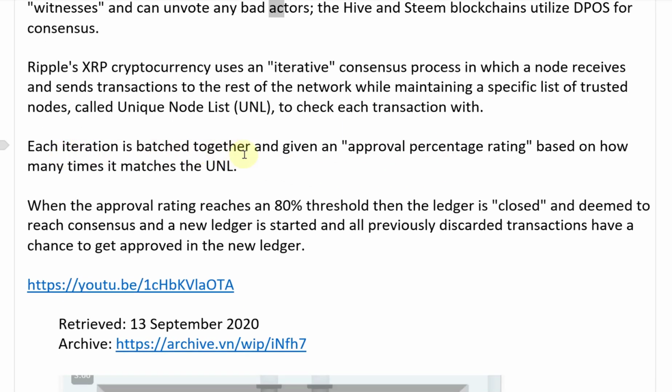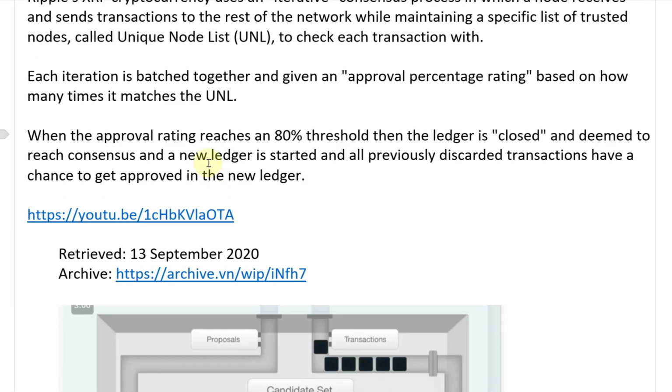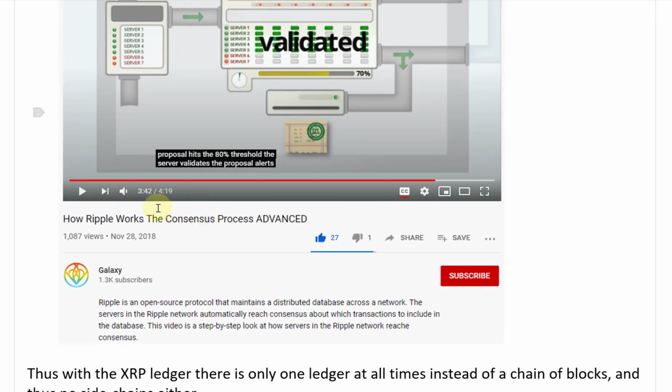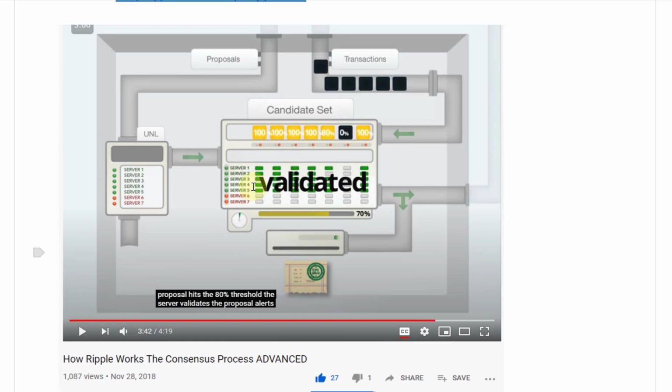Each iteration is batched together and given an, quote, approval percentage rating based on how many times it matches the UNL. When the approval rating reaches an 80% threshold, then the ledger is, quote, closed and deemed to reach consensus. A new ledger is started, and all previously discarded transactions have a chance to get approved in the new ledger. So here's the video that illustrates it pretty decently right here.